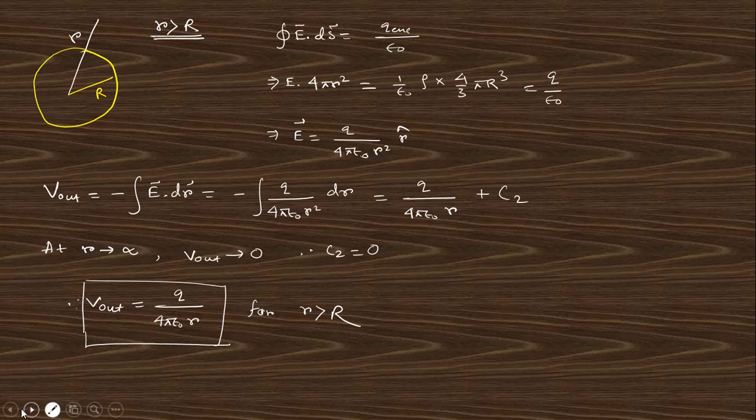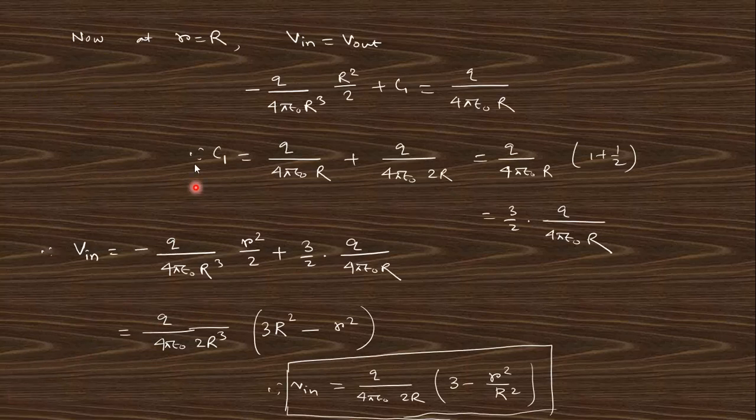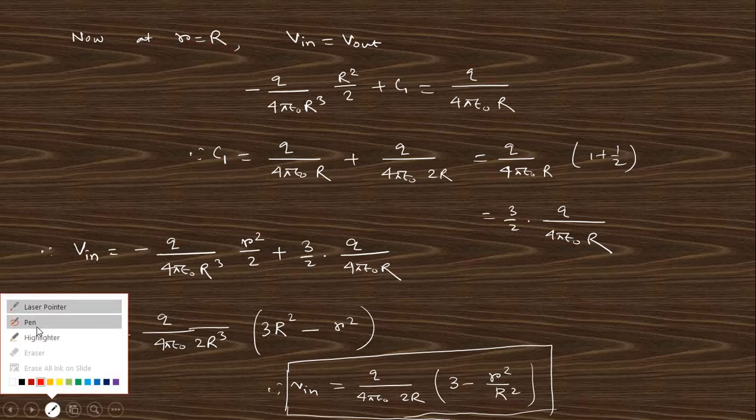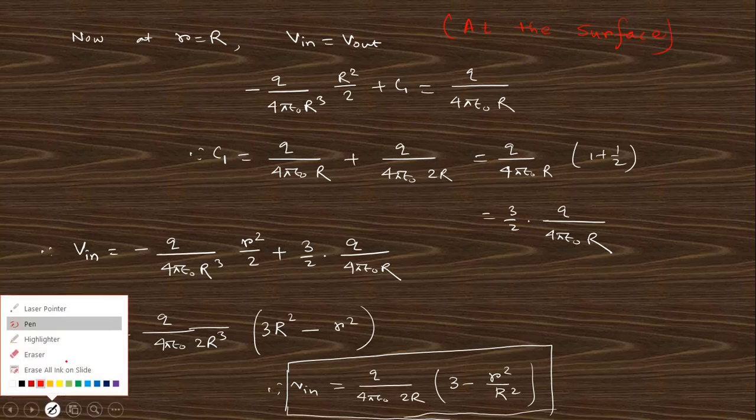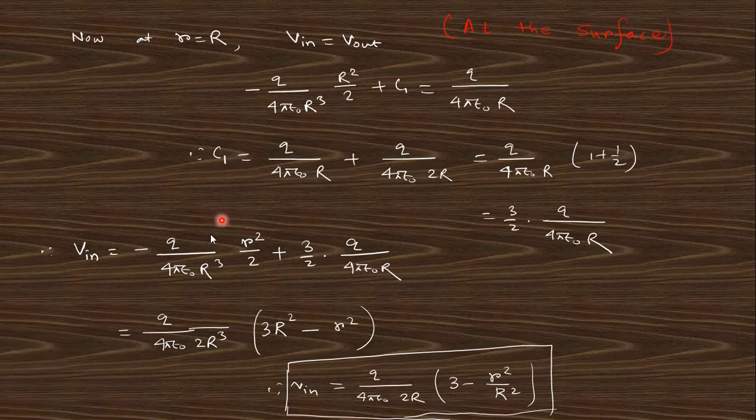This is the outside potential. For the inside point, we use the condition that at the surface, r equals R, the inside potential and outside potential will be the same.